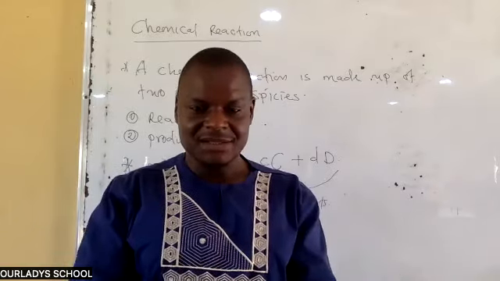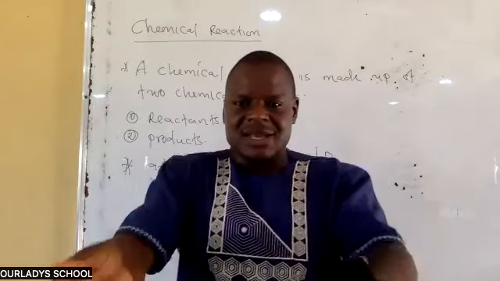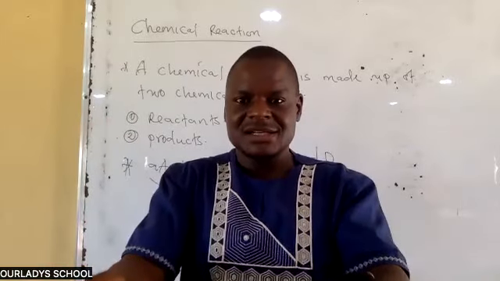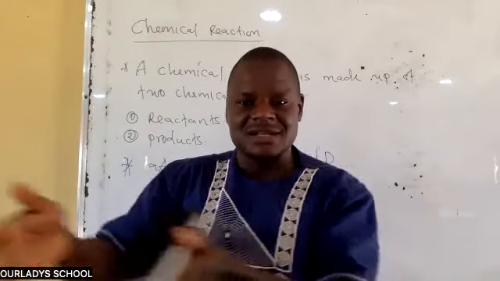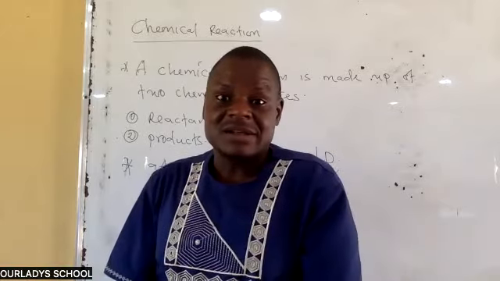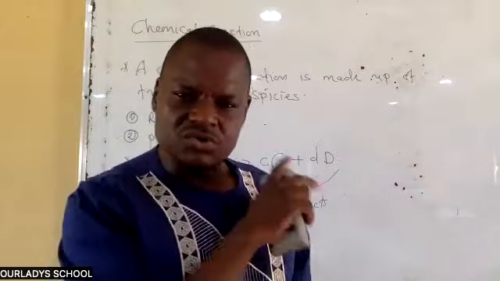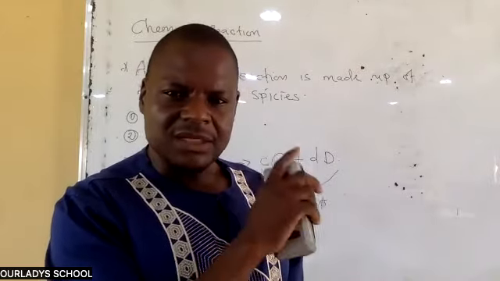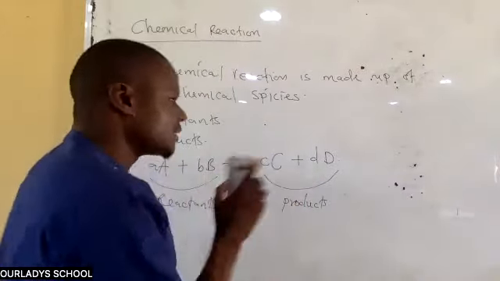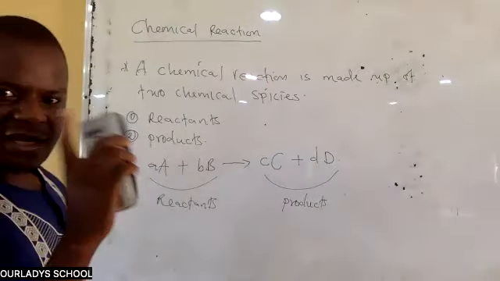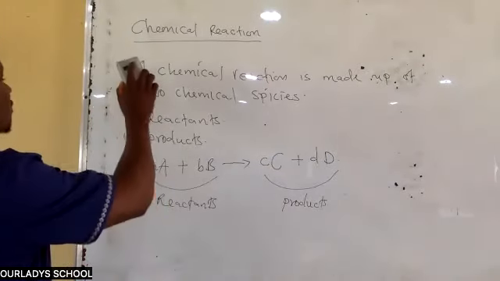But what about reactants? Reactants are the ones that are there at the beginning of the reaction. Certain reactions, at the end of it all, the reactants will have been used up. So those are the two concepts that we are going to introduce this chemical reaction with. So let me put them up here as exam tips. Allow me to rub here.